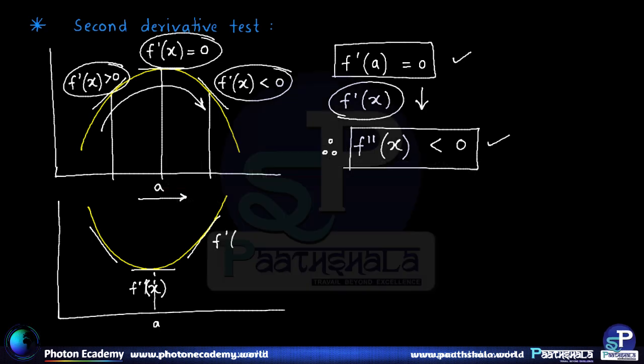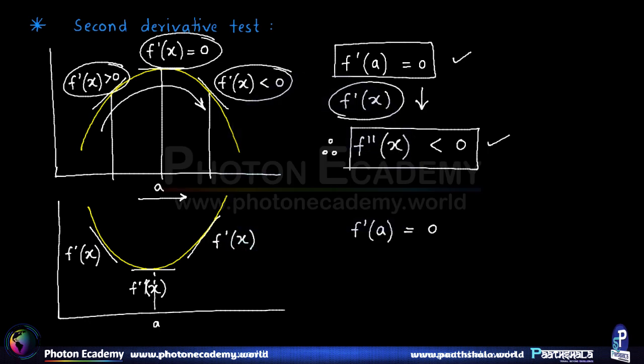To begin with, the first derivative at that point must be 0, whether it's maxima or minima. Now let us see what happens to the first derivative as we pass through the point of minimum.